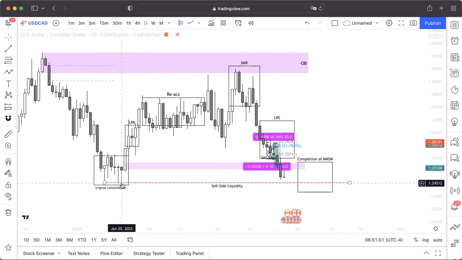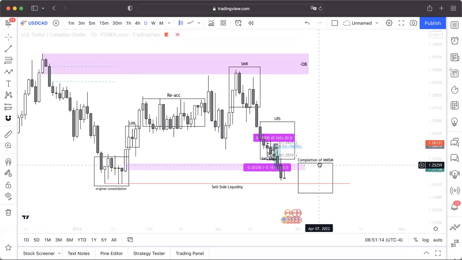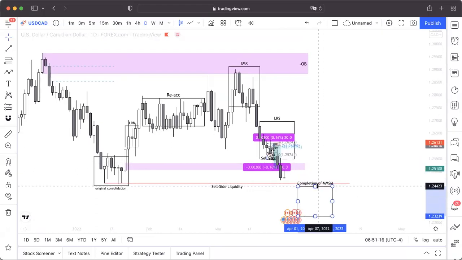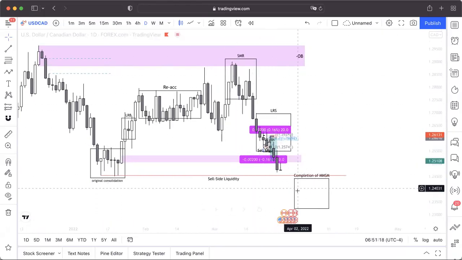We have the double bottom, triple bottom. We also got the liquidity here. It's pretty clear. So the idea is to trade below this level, for the market to start trading below and consolidating below it. That would be the completed model.